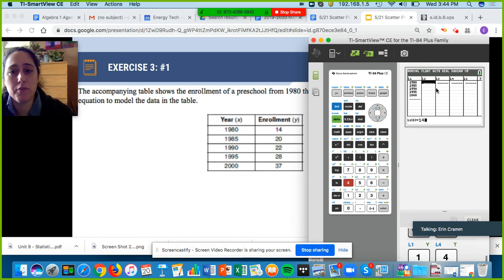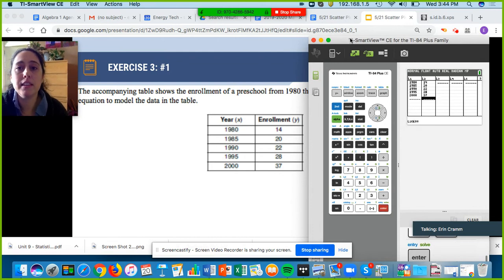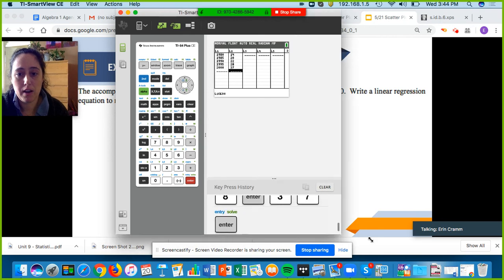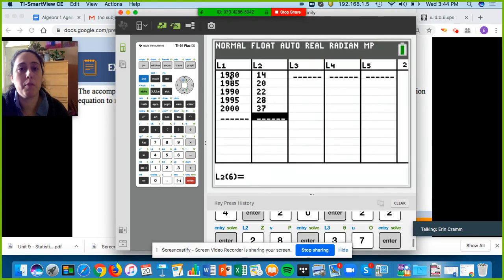And for the Y's, 14, 20, 22, 28, 37. Okay. Now I'm going to make this a little bit bigger so we can really see what we're doing. All right. Okay, so I put the years for X and the number of enrollment. So it's a really tiny, maybe it's like preschool or daycare kind of thing for 14 kids, 20 kids, 22 kids.